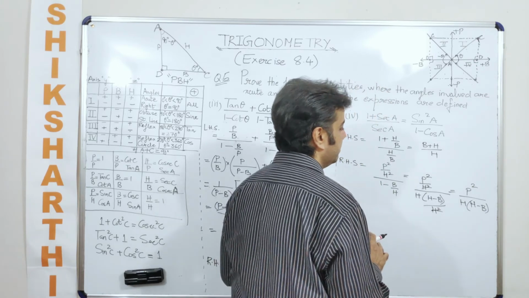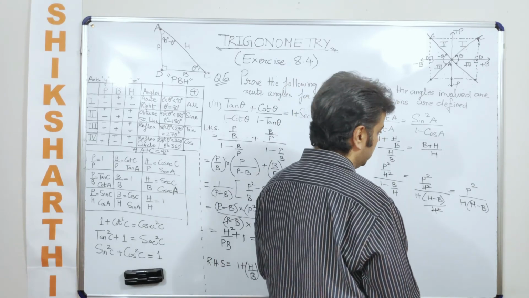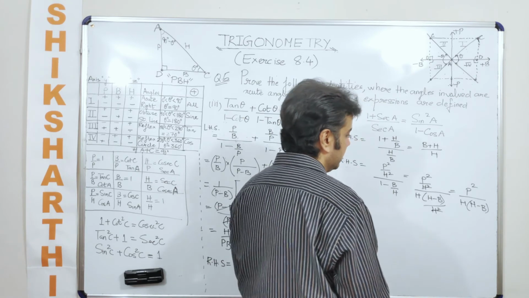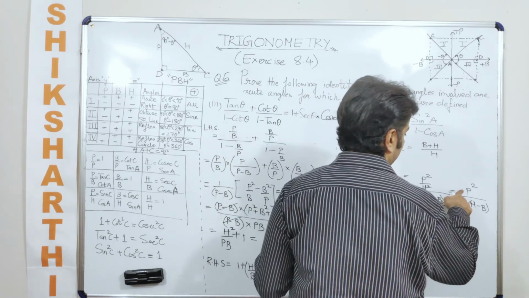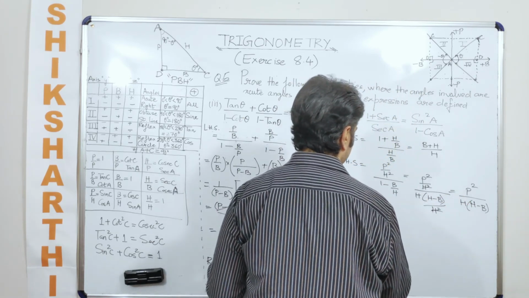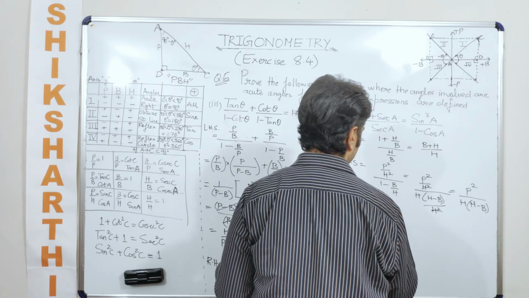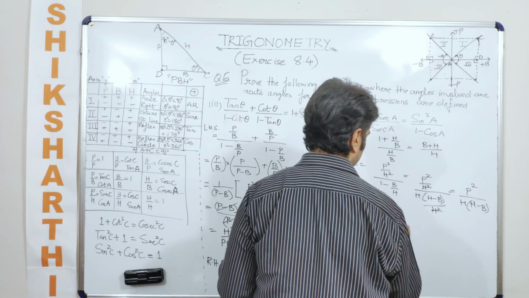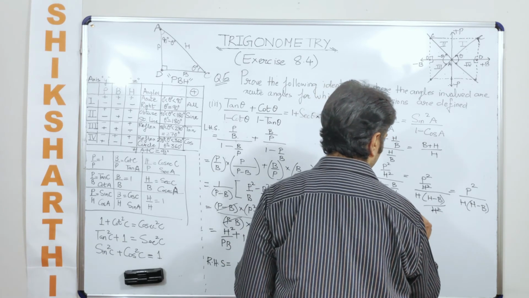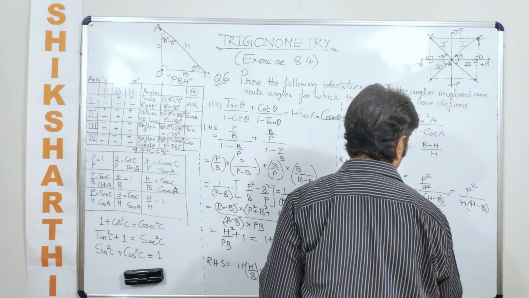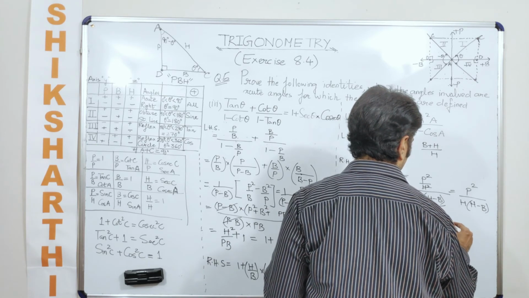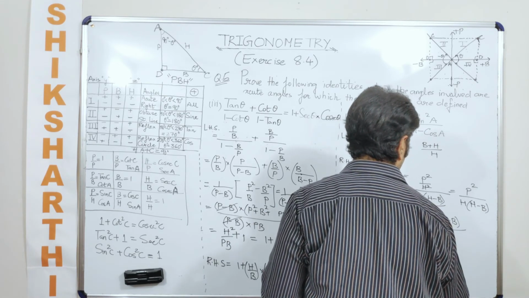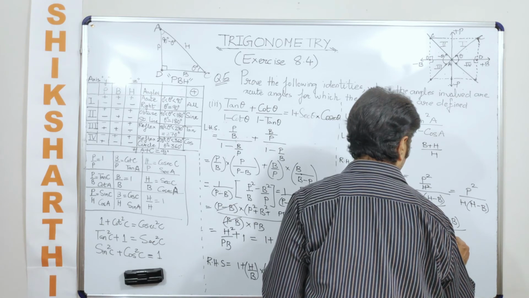So now from here we get a hint. Now what is the hint that we get from here? The hint that we get from here is, we know that p square can be written as h square minus b square divided by h into h minus b. Now h square minus b square is nothing but h minus b into h plus b divided by h into h minus b.